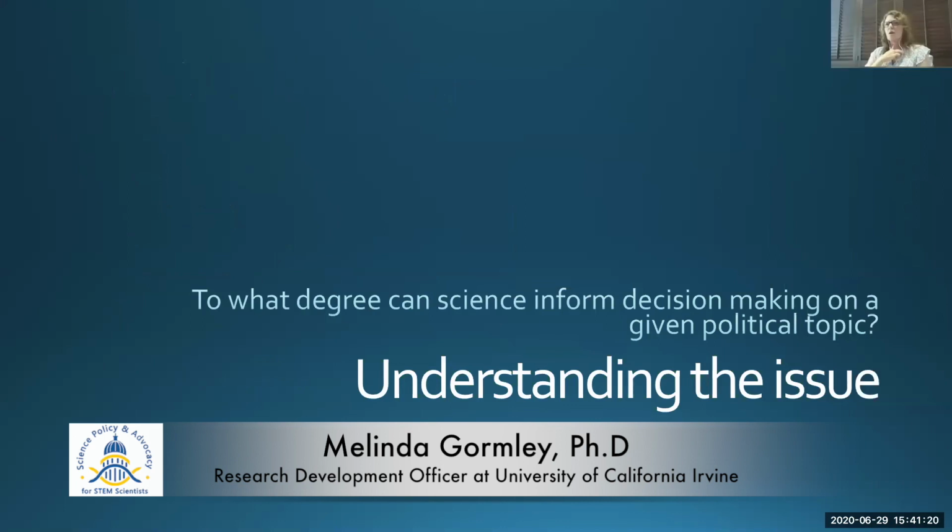First of all, there's the policy issue that you want to contribute to. The question is, to what degree can science inform decision-making on a given political topic? To do this, I'm borrowing from work done by Roger Pielke Jr. in his book, The Honest Broker, which I have listed on the next slide and in the resources.